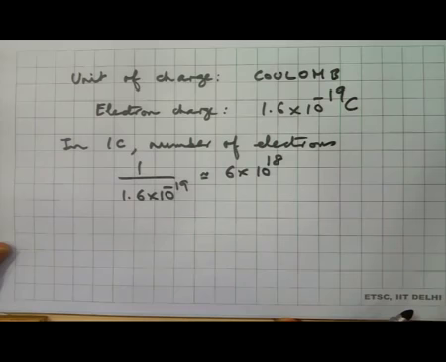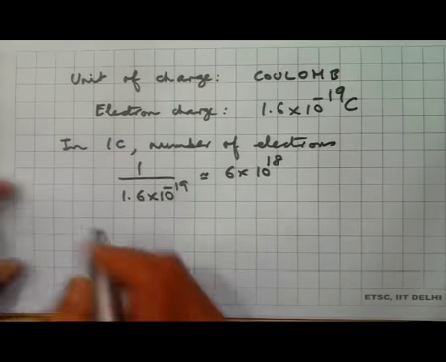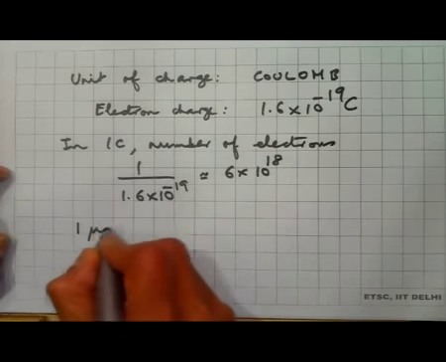huge charge. So, in problems we normally deal with much smaller charges, things like, for example, 1 microcoulomb, written like this.